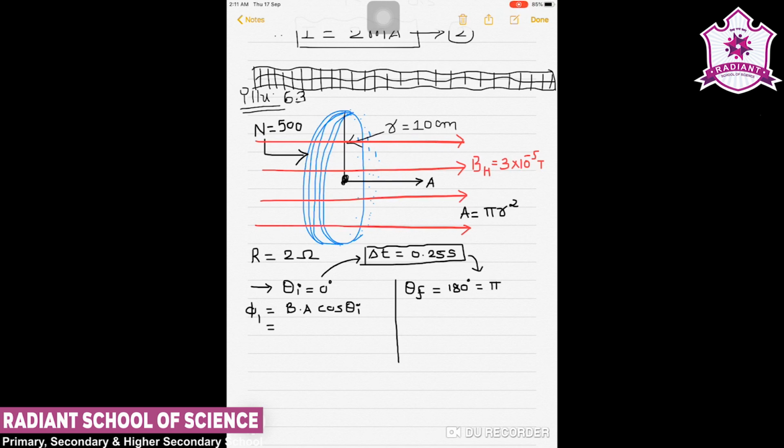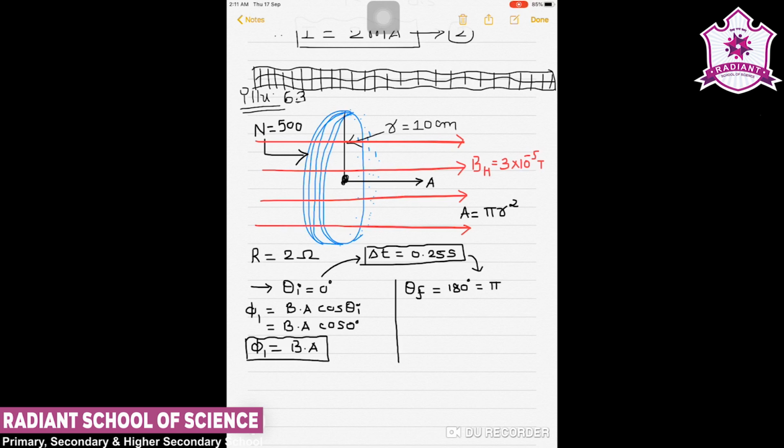And angle is given, cos theta I, but initially we consider angle as 0 degree. We can say that B into A cos 0, and therefore we can put phi 1 as B into A.